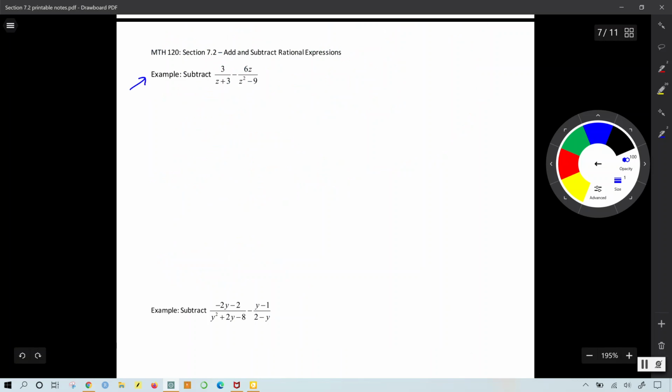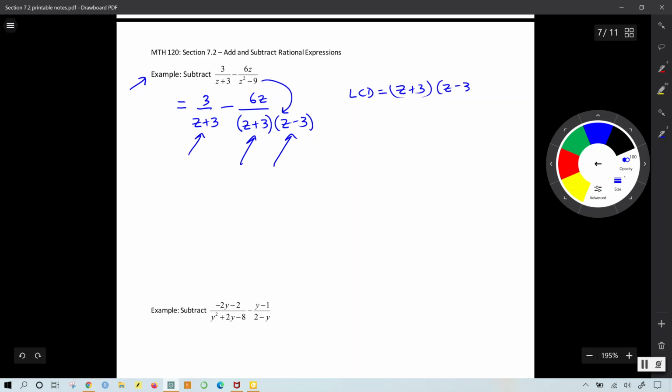Now we move on to the next example, in which case you have 3 all over z plus 3 minus 6z all over z squared minus 3 squared. So that is the case of the difference of two squares. And so the LCD in this case will be z plus 3, accounting for this piece, and then times z minus 3. With that found, we can then compare each fraction to the LCD.